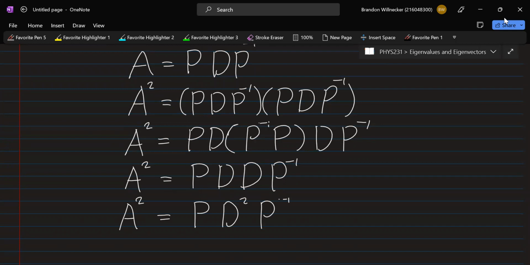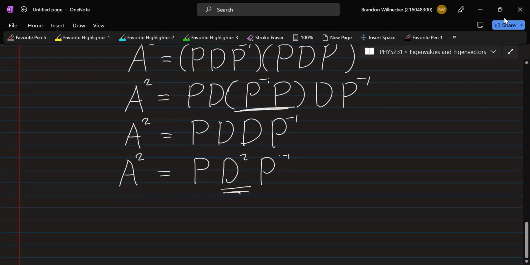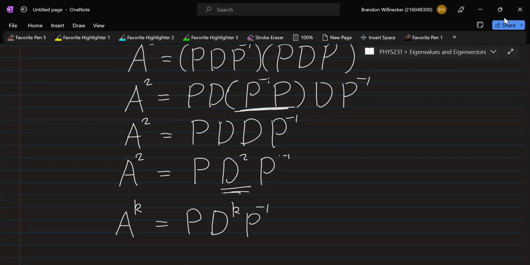But note that we took the power of A, but that only has an effect on the powers of D. The P and the P inverse stay on the left and the right, unaffected by it, because of that P inverse P relation here. And in fact, this works for any power. You can show that by induction again. So A to the K is PD to the K P inverse.